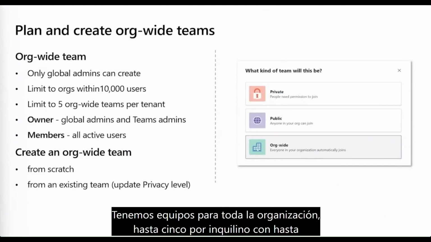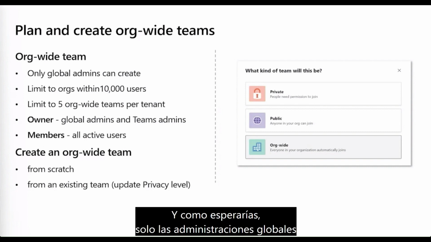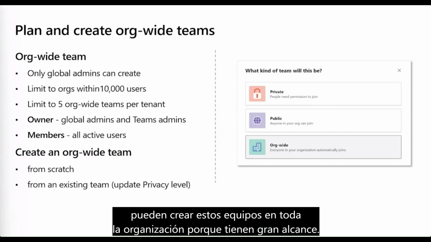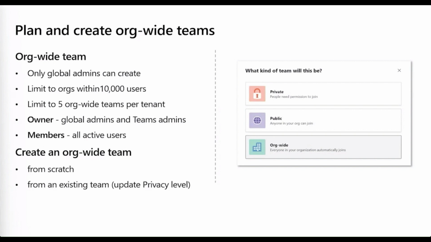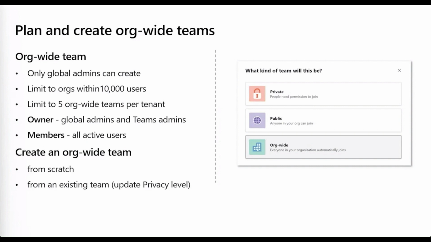We have org-wide teams up to 5 maximum per tenant with up to 10,000 users in your organization. And as you'd expect, only global admins can create these org-wide teams because they're so wide-reaching. The members include all active users and the owner of the org-wide team, global admins, and Teams administrators.